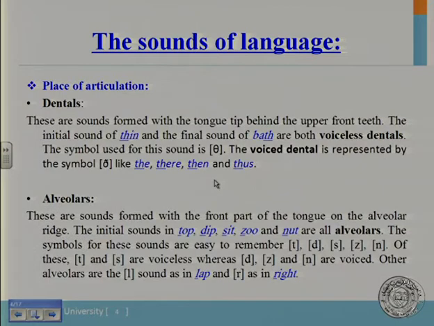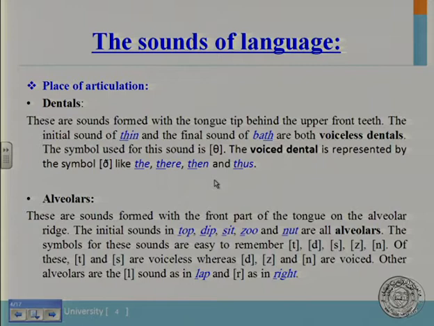Now, the initial sound of this word, thin, and the final sound of bath. You can feel that the tip of your tongue touches the upper teeth.